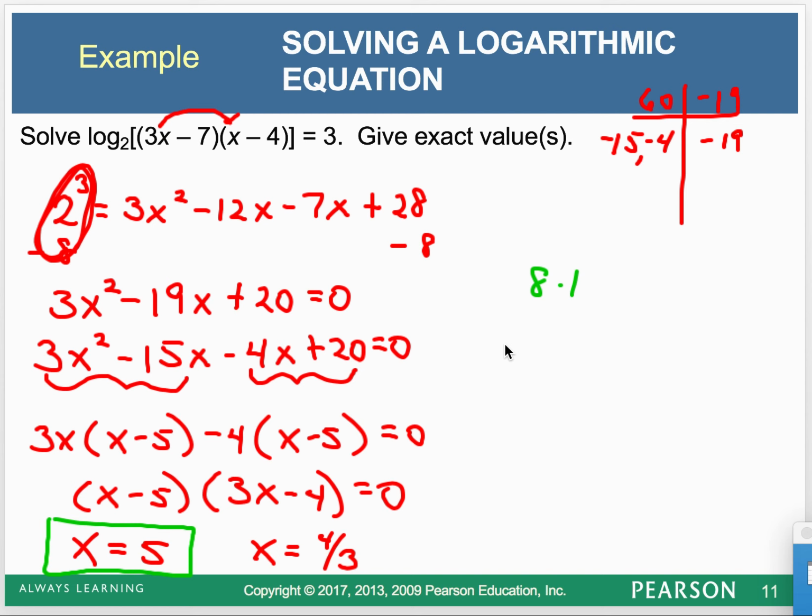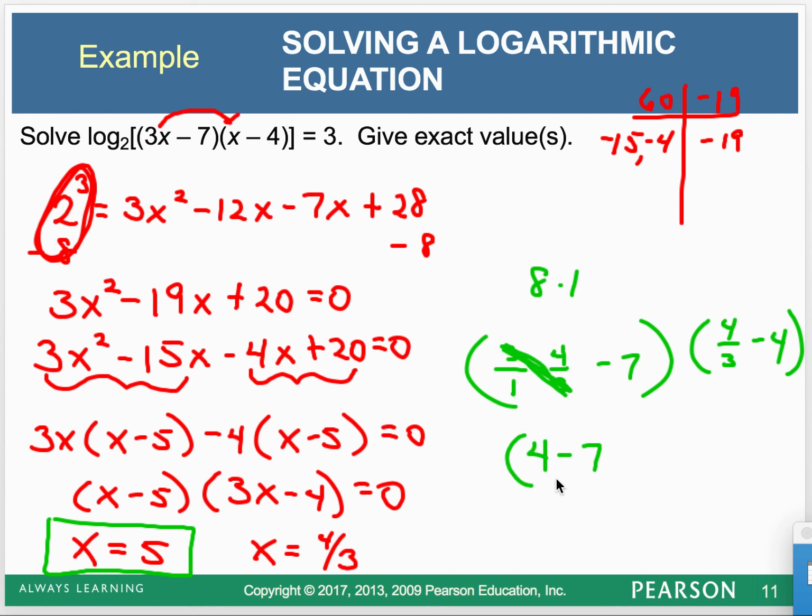If x is 4/3, 3 times 4/3 minus 7 is what that would be, right? And then 4/3 minus 4, right? So here I would have 4 minus 7. And here, I don't really care what the numbers are, but I know this is negative. And this is also negative because 1 1/3 minus 4 is a negative. So both of them work.